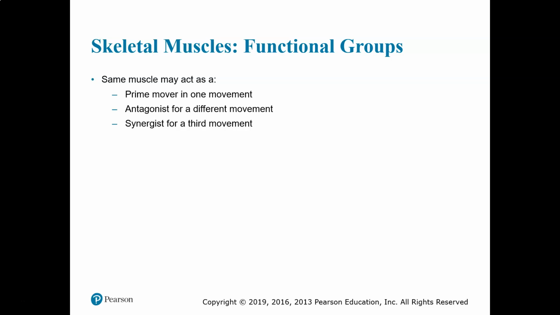All right, so a muscle can act as a prime mover in one movement, an antagonist in a different movement, and a synergist for a third movement. Example, the movement of flexion at the shoulder joint.